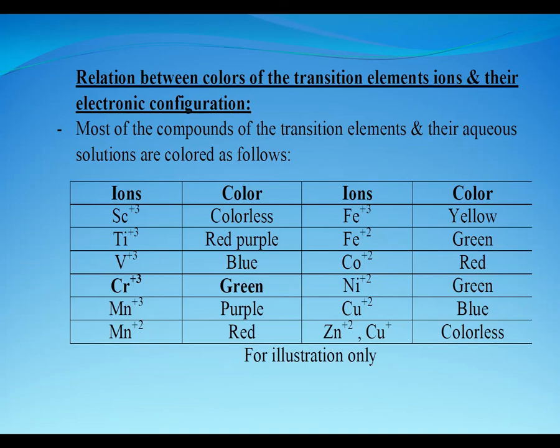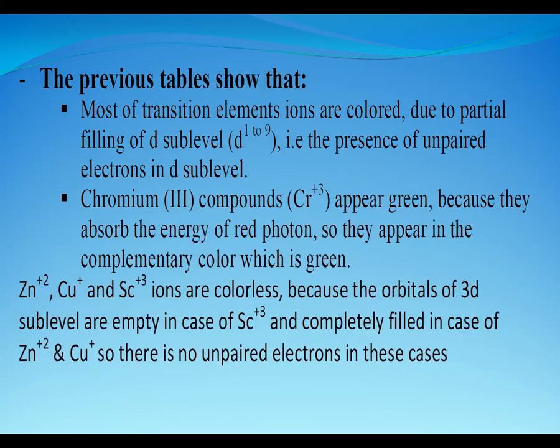Vanadium is blue. Chromium is green. Manganese is purple. Manganese 2+ is red. Ferric is yellow. Ferrous is green. Cobalt is red. Nickel 2+ is green. Copper 2+ is blue. And zinc 2+ and copper 1+ are colorless.